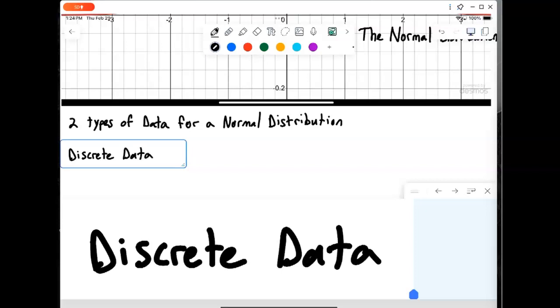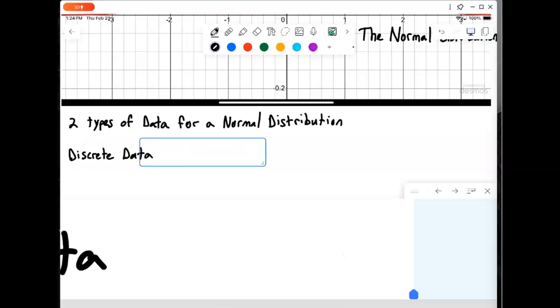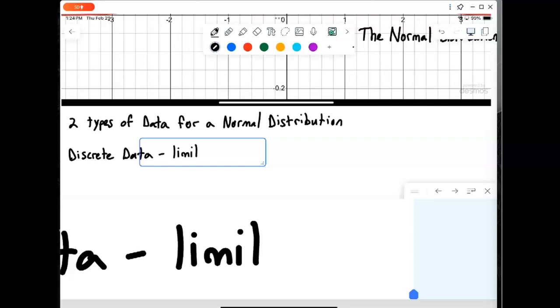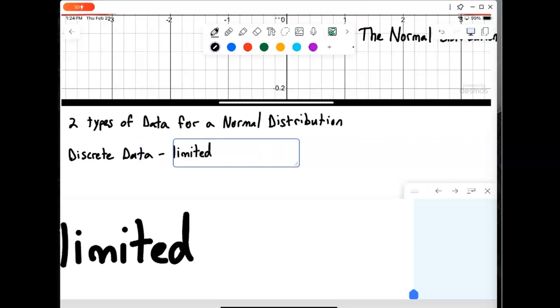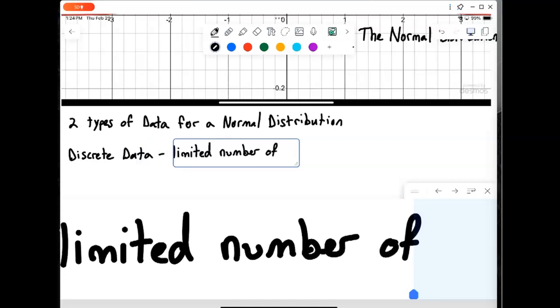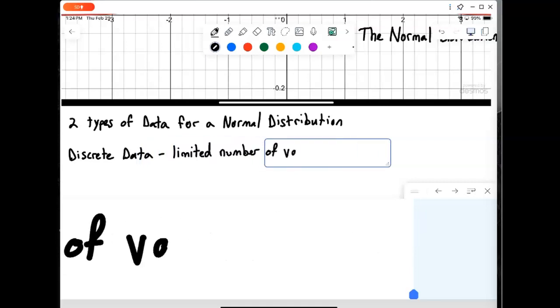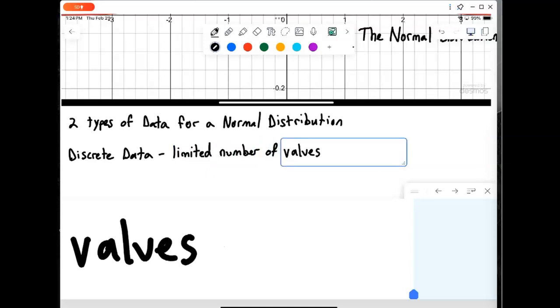Discrete data is where you have a limited amount of values that you can take on. One example would be if we looked at ages of students at Allegheny College, but we only took whole number age.